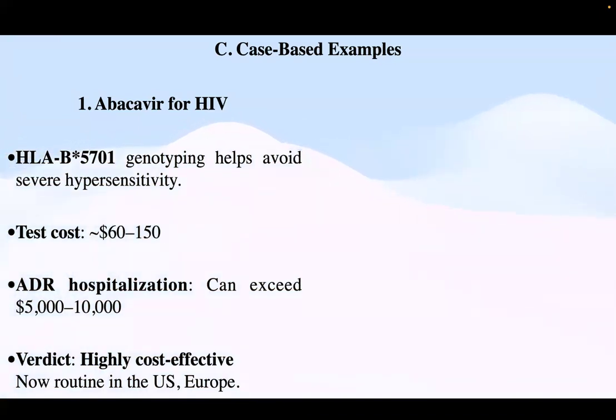If you prescribe abacavir for HIV without the HLA-B test, an ADR hospitalization can cost up to $5,000 to $10,000. Imagine the difference. So the verdict is that testing the HLA-B*5701 variant before prescribing abacavir to an HIV patient is highly cost effective. This is now routine in the United States and Europe, which is exactly what makes the difference between developing and developed countries, right?